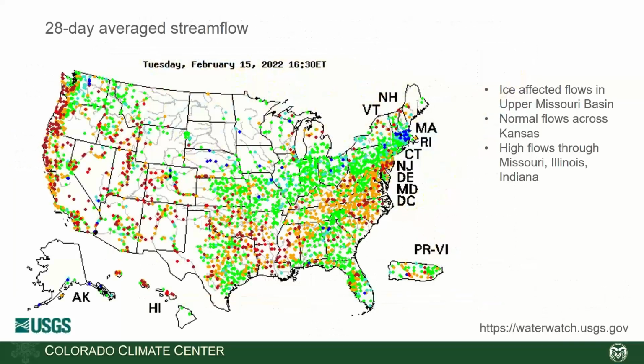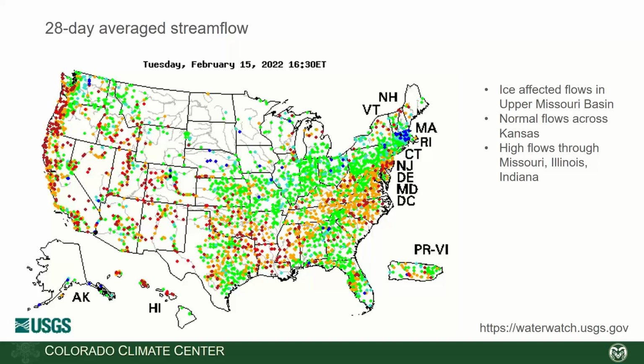And then here's a look at current stream flows across the contiguous US with our region, again, in the middle of the picture. Here, the green dots represent areas where stream flow is in the normal range. Areas in brown or kind of that more orange or red, that's where stream flows are below normal. And then the blues are where stream flows are above normal.